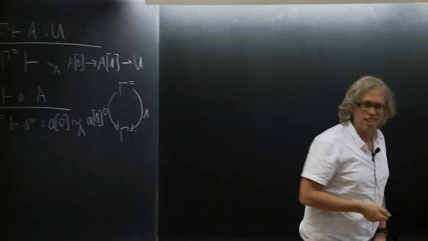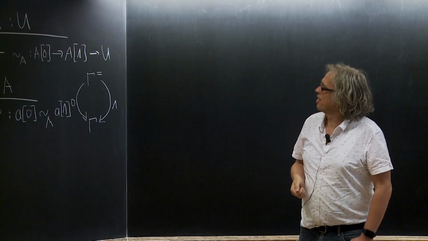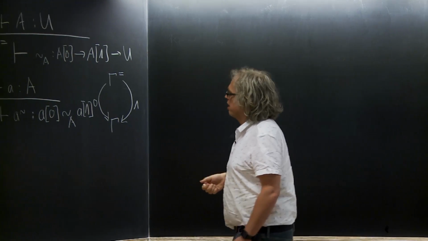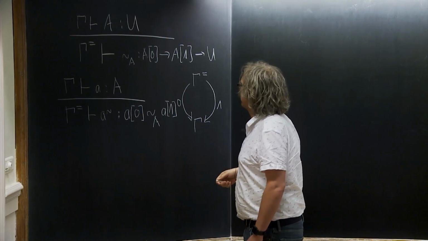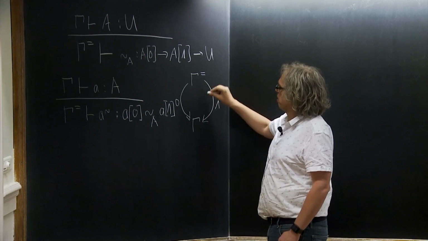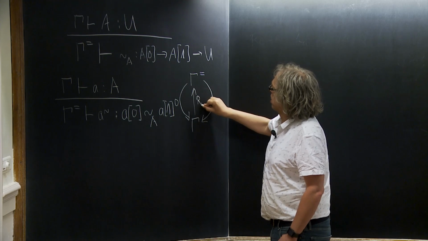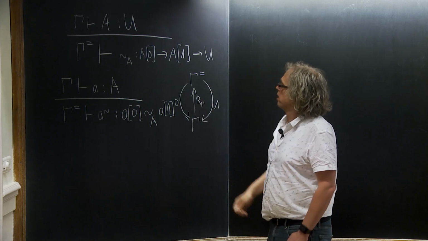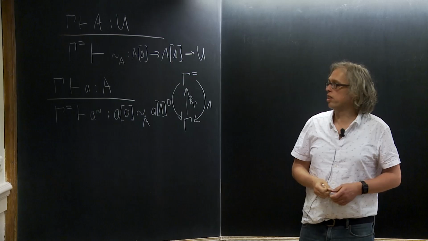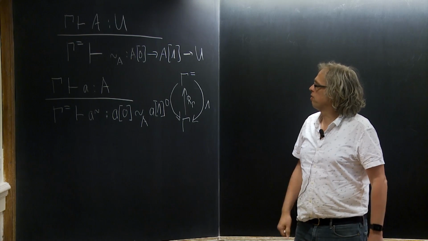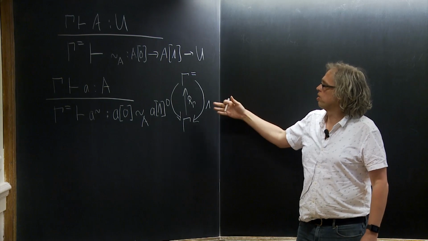And that's that. And then we also introduced reflexivity, which, first of all, is a context morphism, R gamma, which goes from gamma to gamma equal, sort of like the diagonal. It triples everything, and it inserts equality proofs.